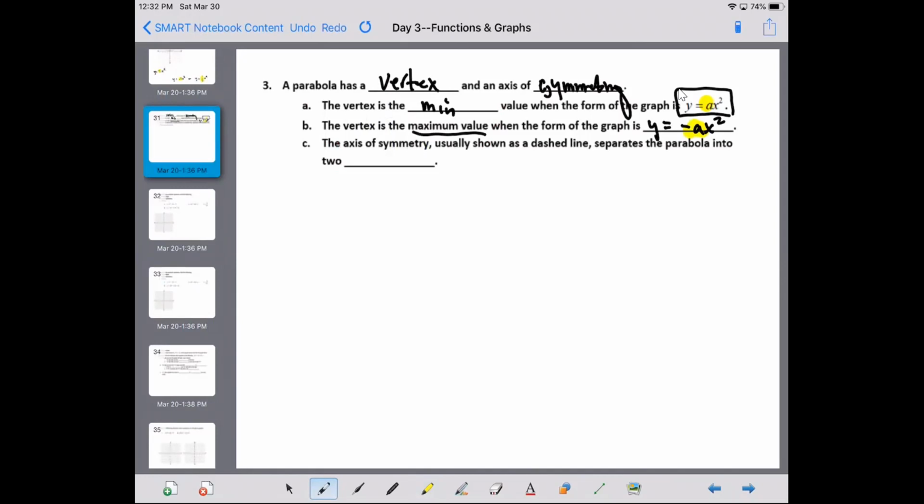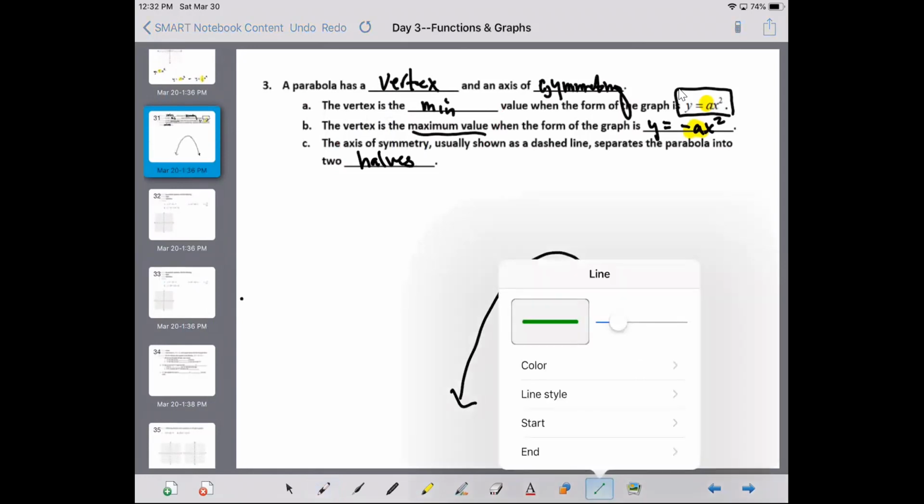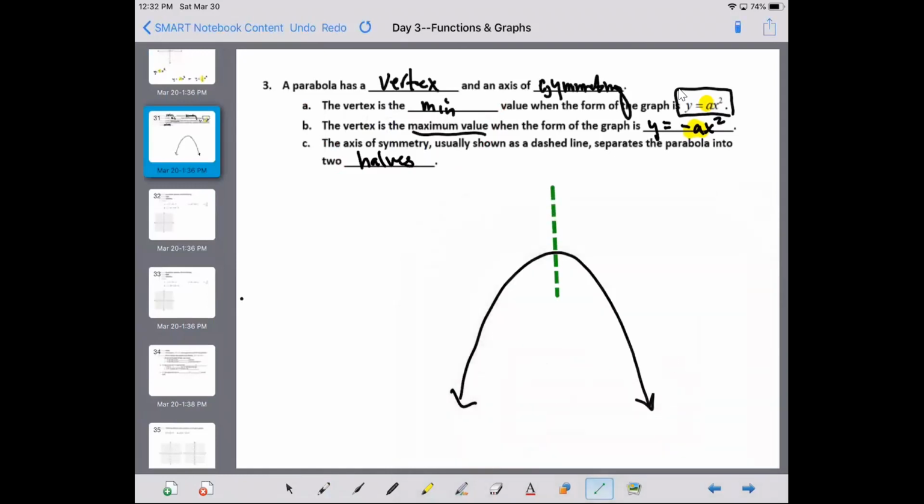You'll typically see it as a dashed line. It separates the parabola into two halves. So it would look something like this if it was opening down, and we can even dash it. And it looks something like that, where it splits the parabola into two halves.